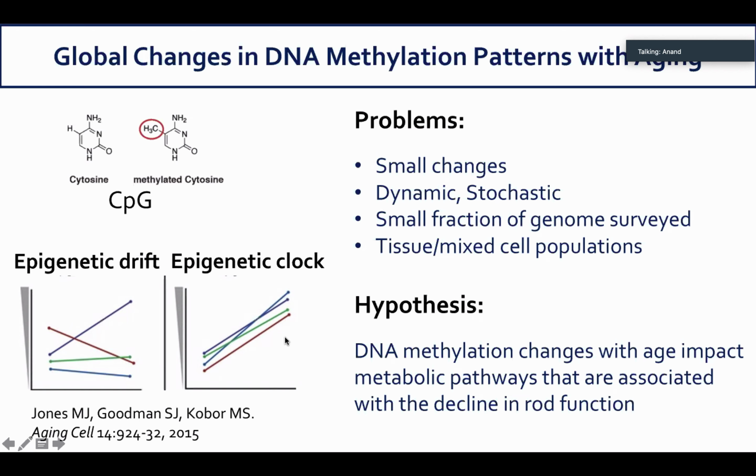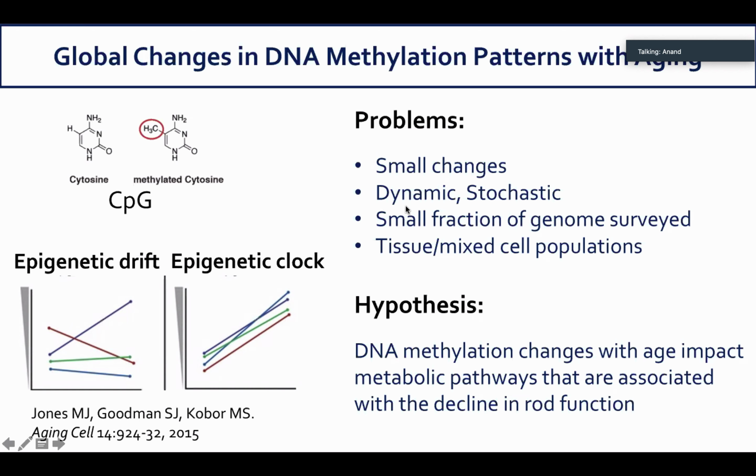And that was the concept of the epigenetic clock put forth by Steve Horvath. But the problem has always been that people looked at some of these things in the early days by RRBS, or reduced representation methods, looking at only small numbers, or many people were using arrays.